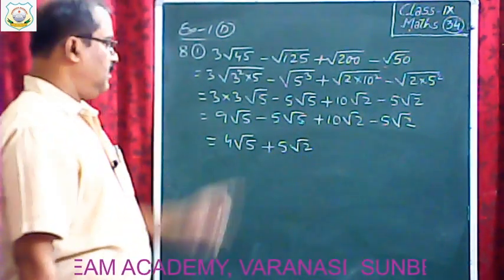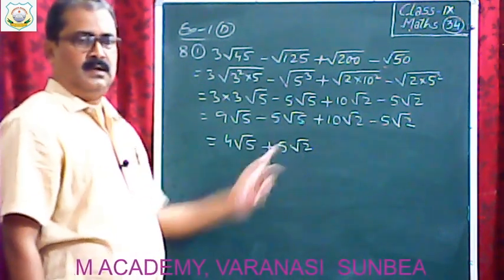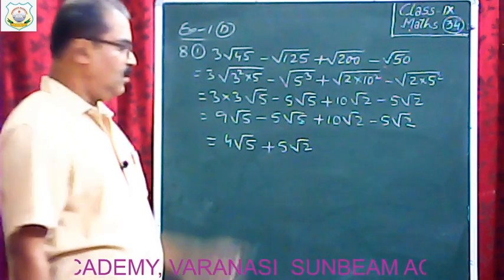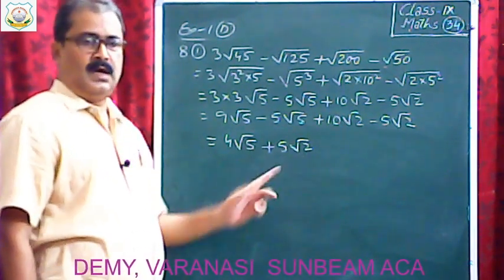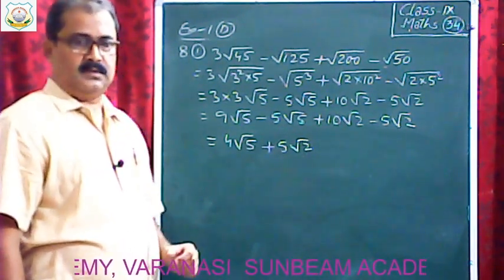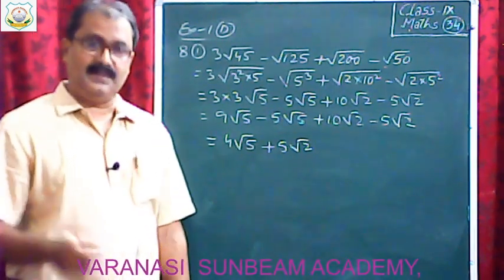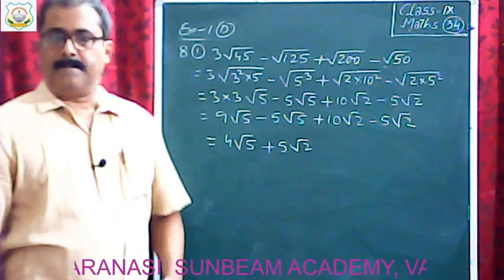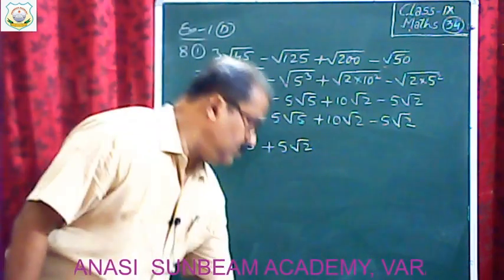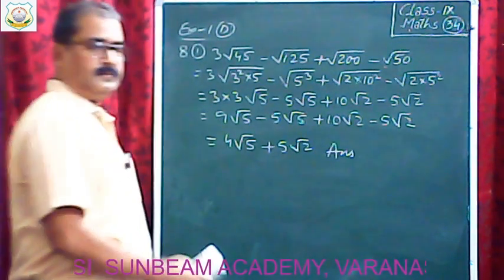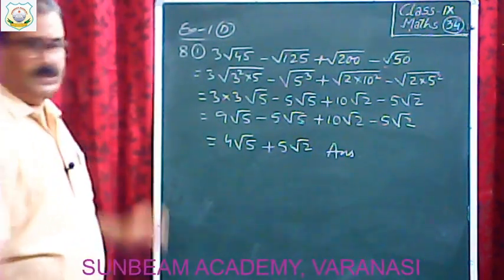Clear? Square root 5 and square root 2 are unlike numbers, you cannot add or subtract. You have to add and subtract only the like numbers. Okay, so this is your final answer.